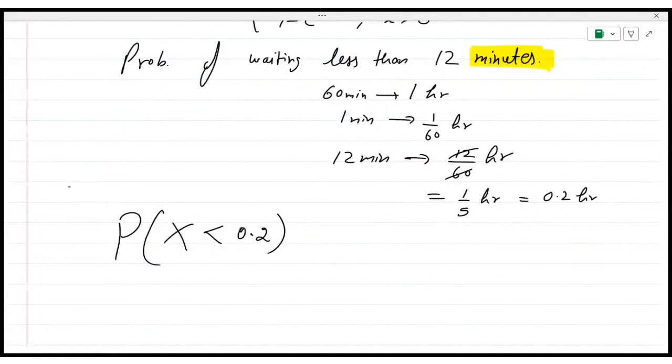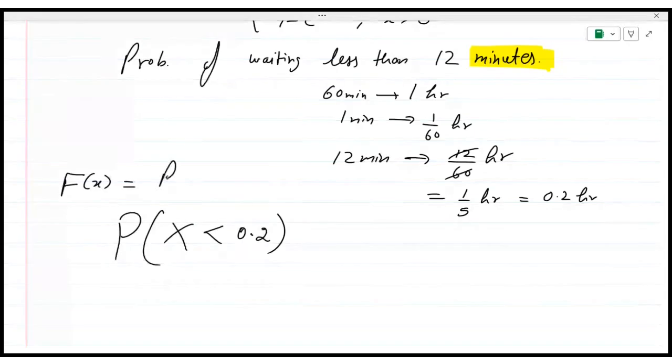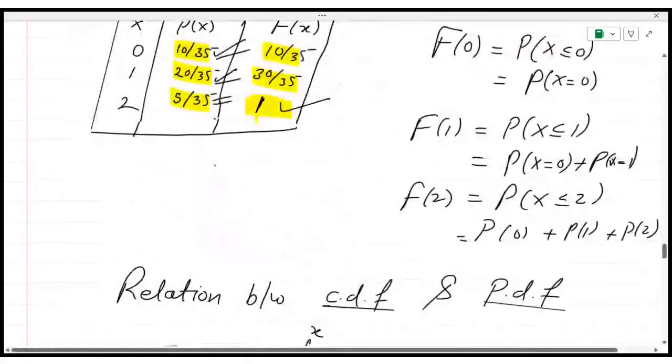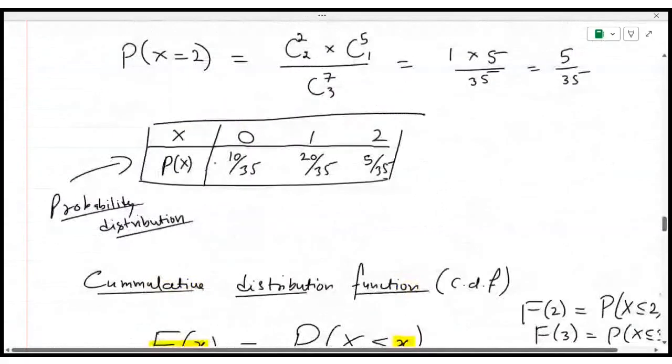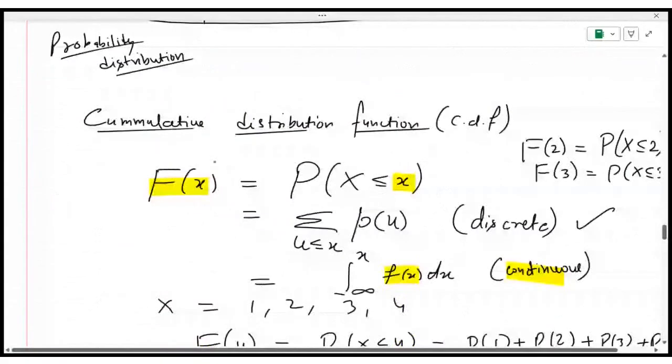Now, what is the meaning of CDF? If you remember, CDF means the probability that X is less than or equal to x. CDF tells us the chance that P of X is less than or equal to x.